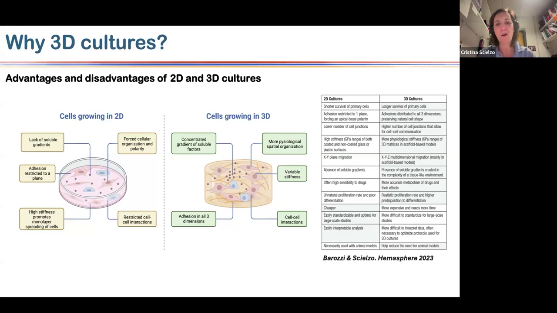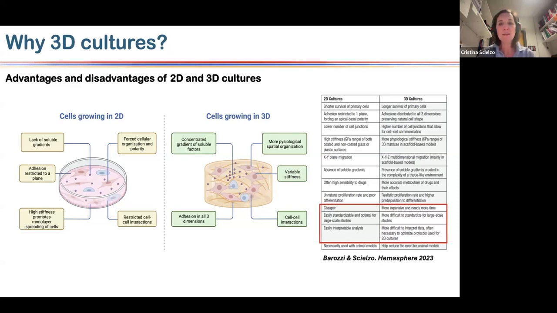But the point here is not really which are the advantages of 3D culture, which are somehow intuitive. I think the point that we need to make is why we are still stuck with 2D culture. I'm the first one still stuck in there for many aspects. The reason, in my opinion, is that 2D cultures are cheaper compared to 3D cultures, that of course are not that expensive as mouse models, for instance, but the costs are really difficult to anticipate so far.